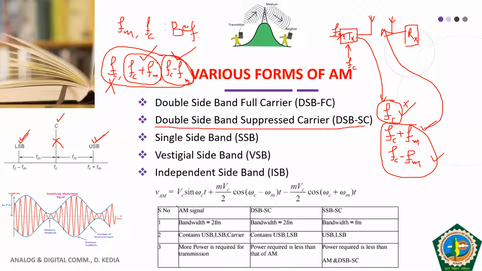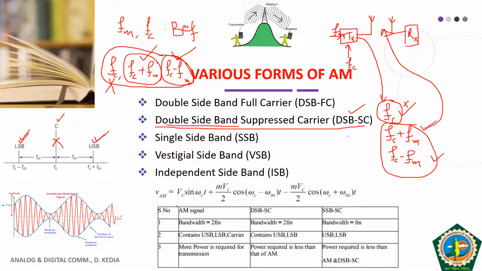If in the double sideband full carrier you filter out the carrier frequency, we are left with only two sidebands. It becomes double sideband suppressed carrier, DSB-SC. So this is another form of amplitude modulation that we have obtained.